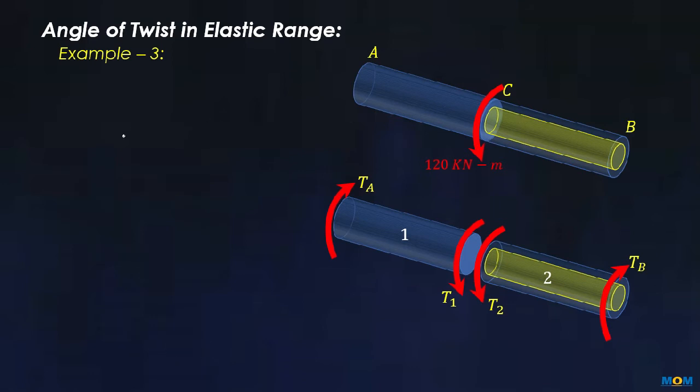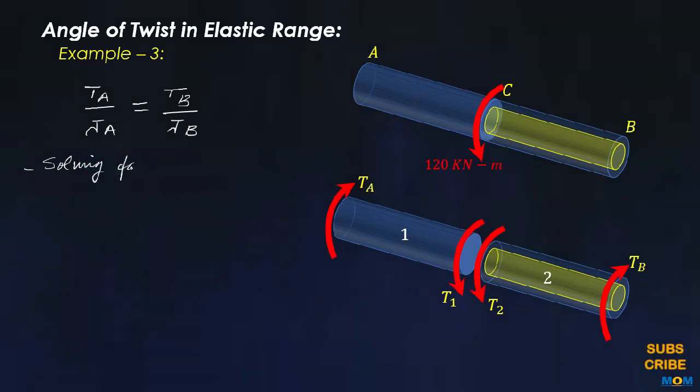Or we can write this expression as TA upon JA is equal to TB upon JB.